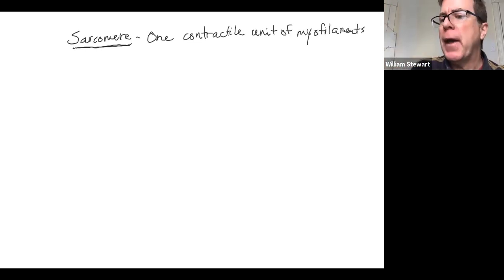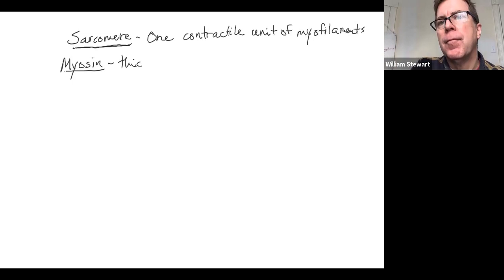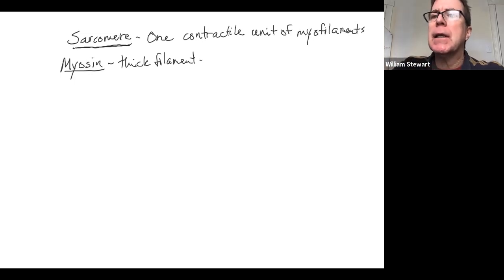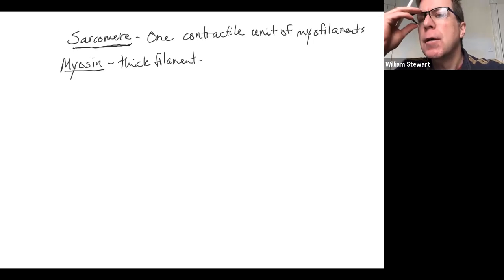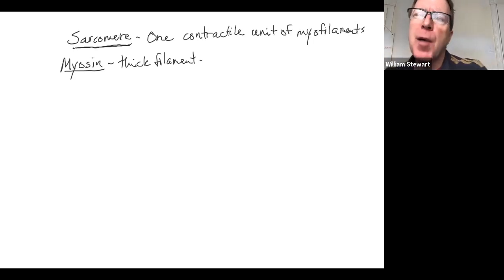So back on our previous page, we talked about the myofilaments: myosin, actin, and titin. What is myosin really? We know that it's the thick filament. Here's what that means. It's basically a protein-based structure that has globular heads on the end of it.